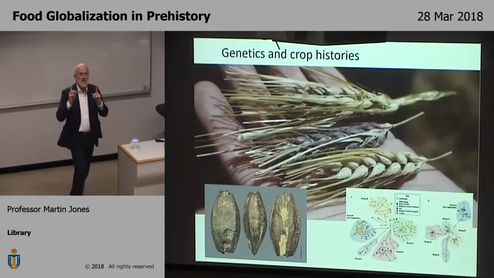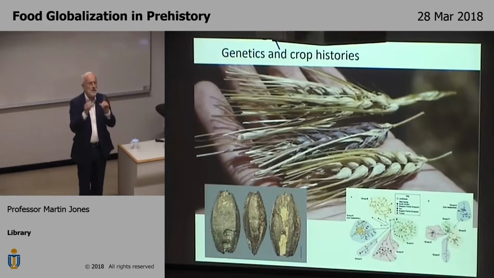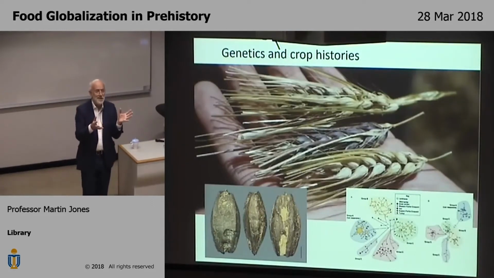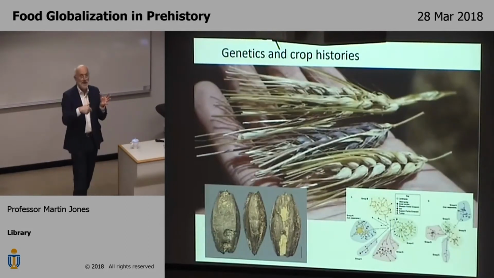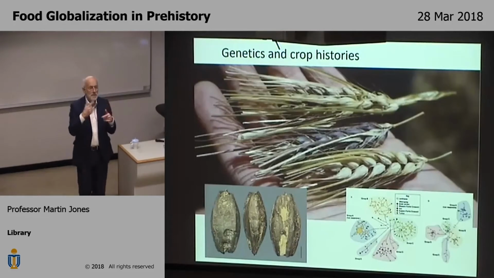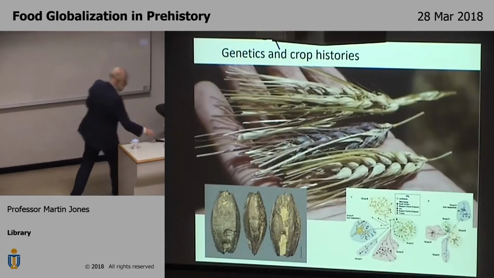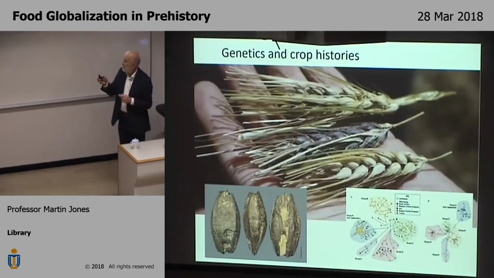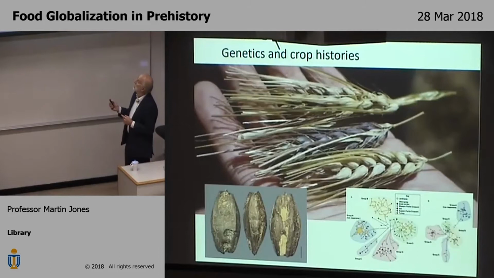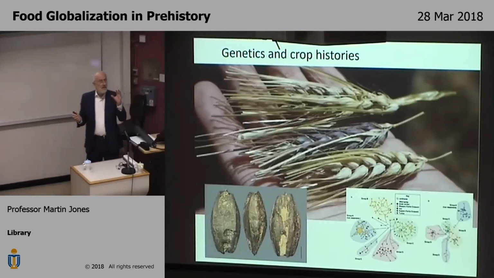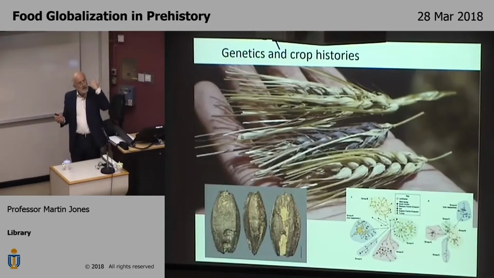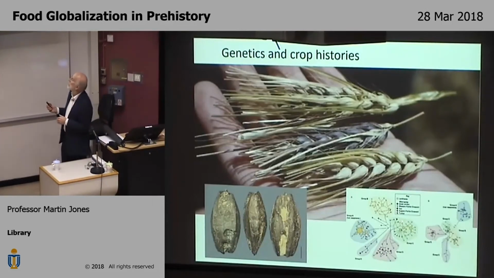But the really interesting thing is how much of that genetic information is historic. So just like my office, one of the key bits of information it has is the history of Martin Jones. And the same thing is true of genetic diversity. So if you take the genetic diversity in these barley plants and plot it in these tree diagrams, a lot of the information is about the origins of that barley and where it comes from.